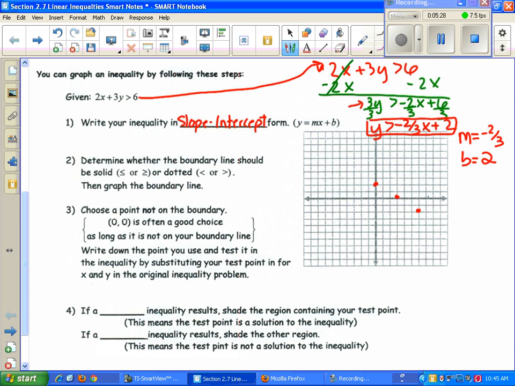Then it says determine whether the boundary line should be solid or dotted, and then graph the boundary line. If we look at our inequality, notice it's not equal to, so we know that it is going to be dotted. I'm going to take my ruler and make my line dotted, or you can draw your line and then erase parts of it so that it becomes dotted.